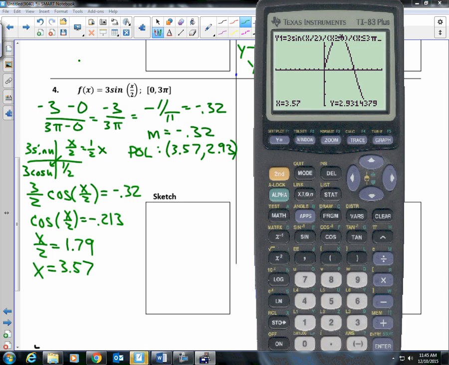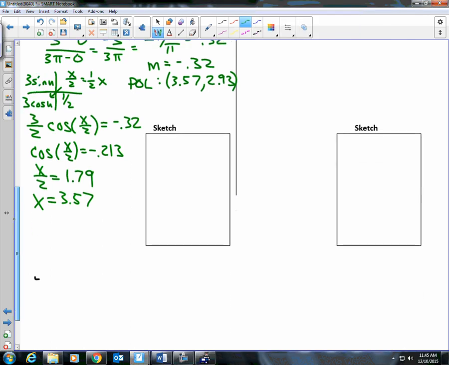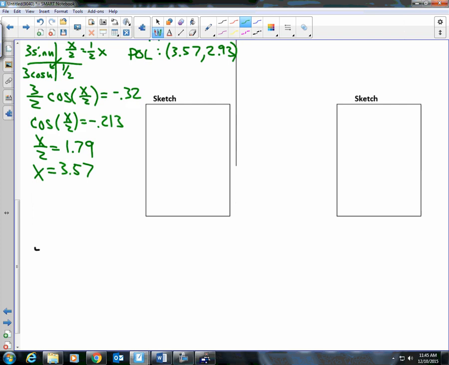You don't have to, but I just want you to see how you can check your answer. I want you to understand graphically what's happening. I think every time you see something in calculus, you should be able to think about the graph and the algebra.